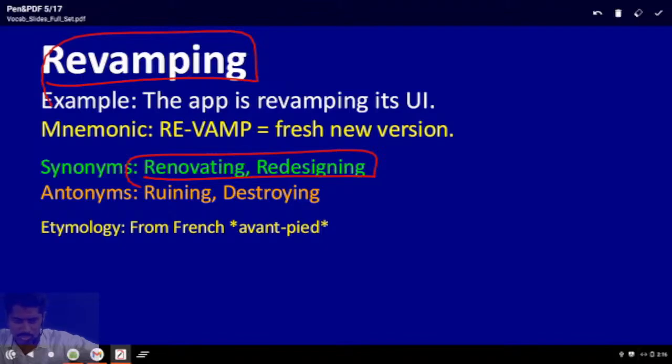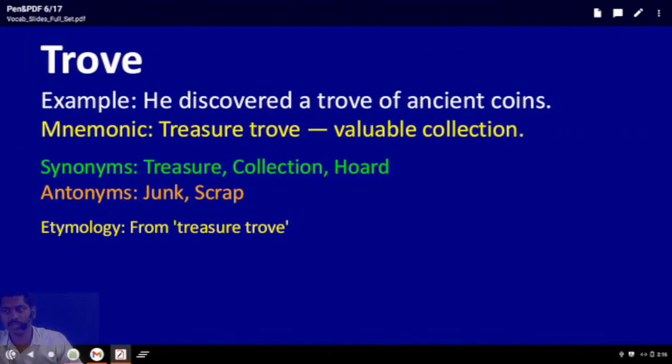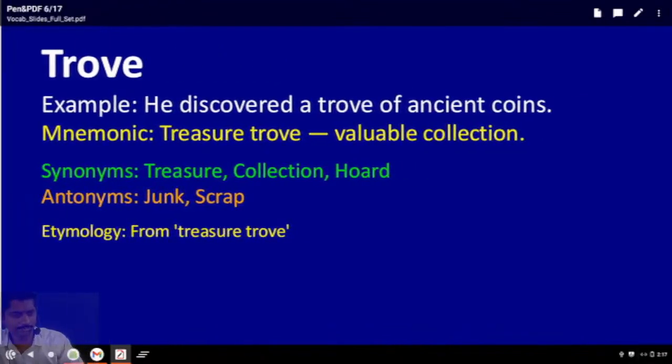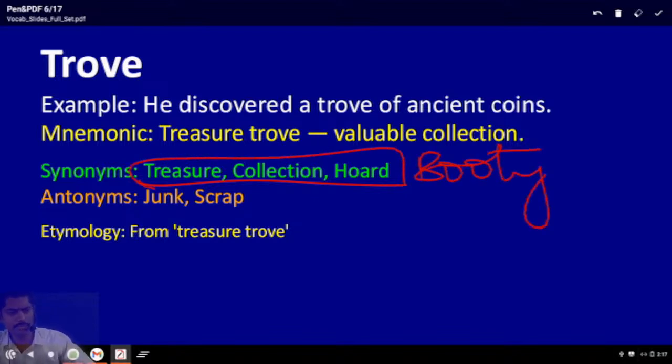Revamp, a fresh new version, is revamp. It's like upgrading. Trove is called a treasure. Trove, treasure, booty, same meaning. You know, booty is the fifth option, right? Same meaning: trove, treasure, booty. Booty, B-O-O-T-Y.